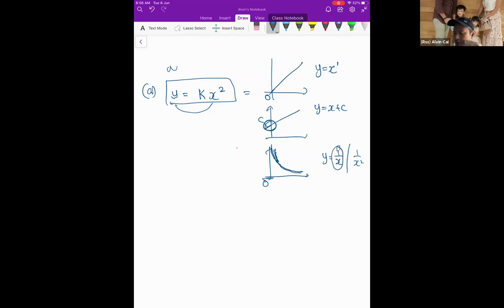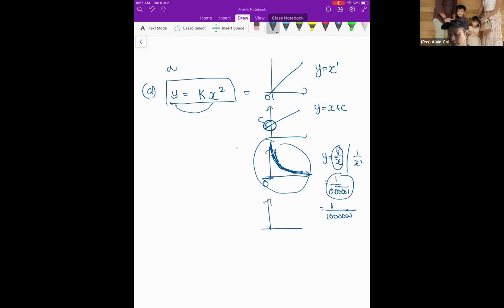This is the fraction property: 1 divided by anything very small, like 0.0001, the value becomes bigger, so the graph goes up. And when x gets bigger, 1 divided by 100,000 or 1 million, the value gets smaller and smaller. So this is the pattern of a graph with a fraction. It can be either 1 over x or 1 over x squared.